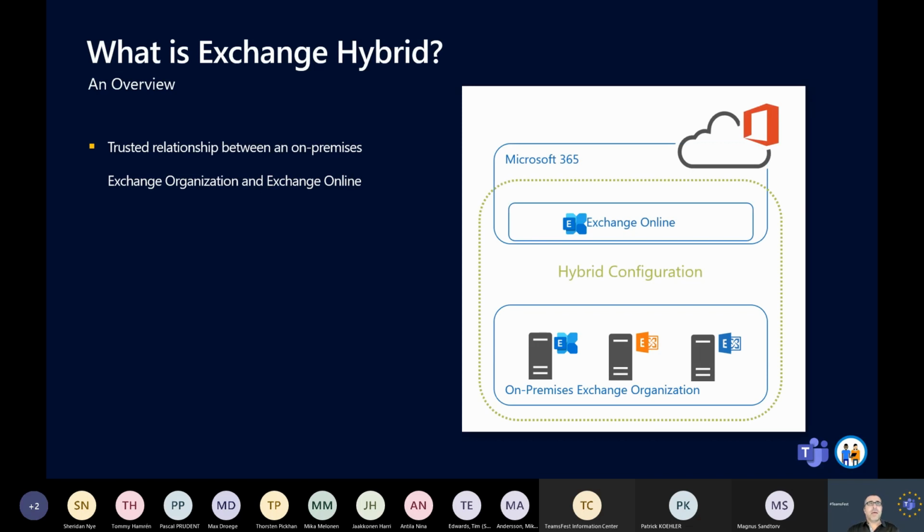You can think of Exchange Hybrid as some sort of a trust relationship between 2 different organizations. Think of your on-premises Exchange organization as the one entity and the Exchange Online as the other. And you want those 2, which reside in 2 different environments, to act as one. So that's why we need an Exchange Hybrid to establish this organizational trust relationship between the 2.